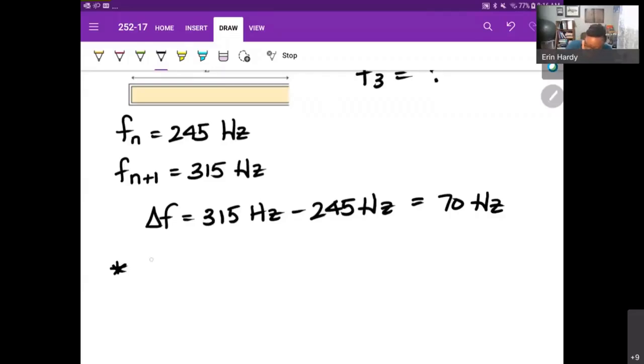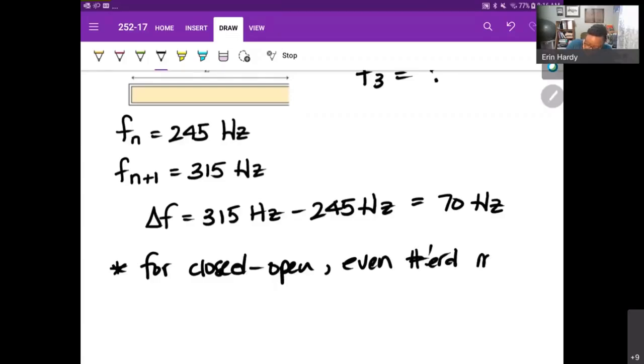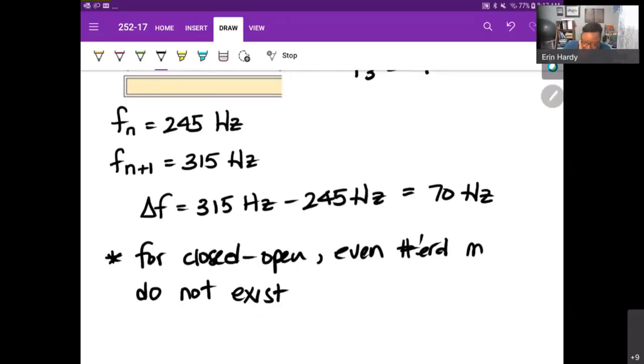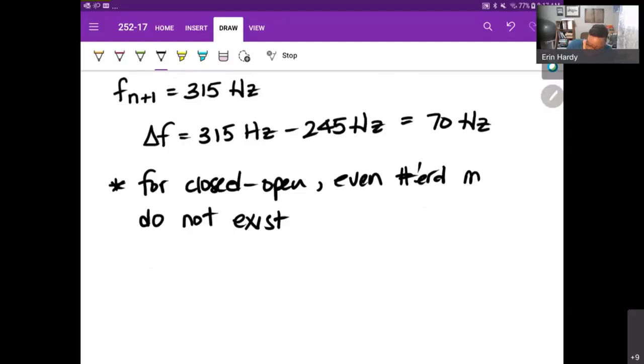But keep in mind here, for closed open, even numbered m do not exist. So the separation between these two allowed standing wave frequencies is not the fundamental frequency. What we would need to do in order to figure out what that is is take the 70 hertz and chop it in half. So 70 hertz cut in half is going to be f1, so that's going to be 35 hertz.